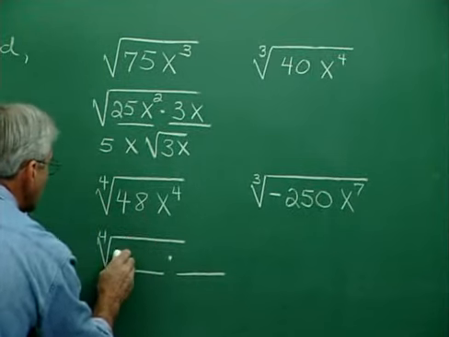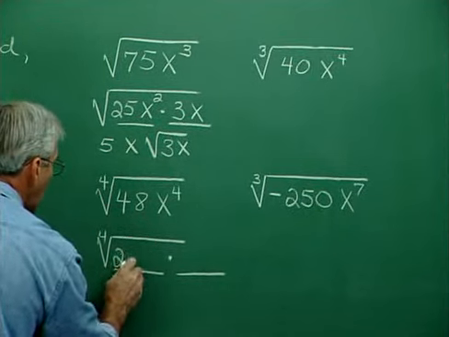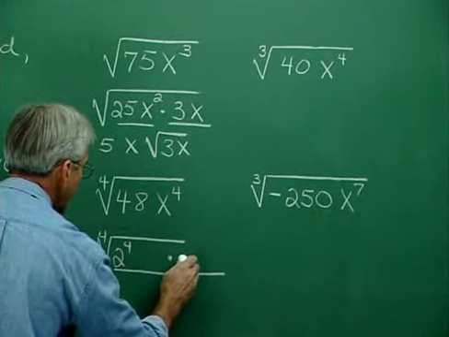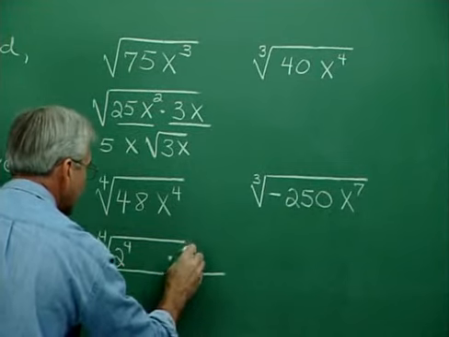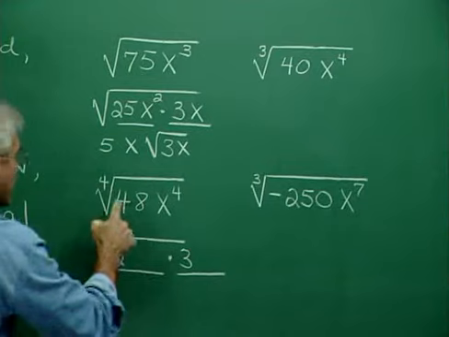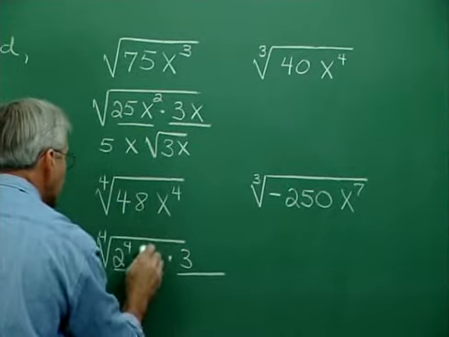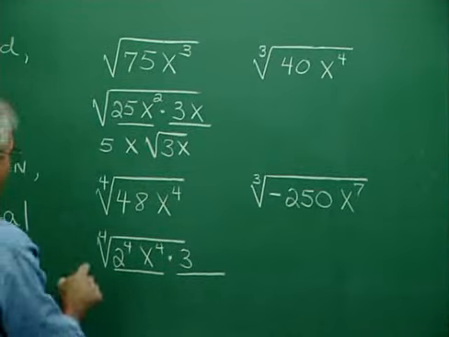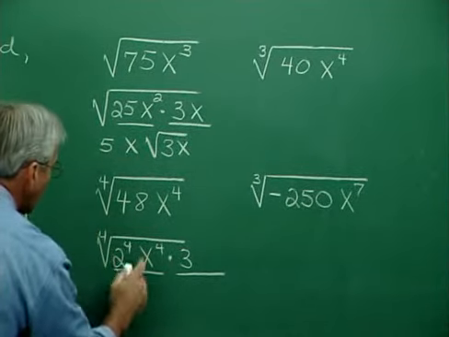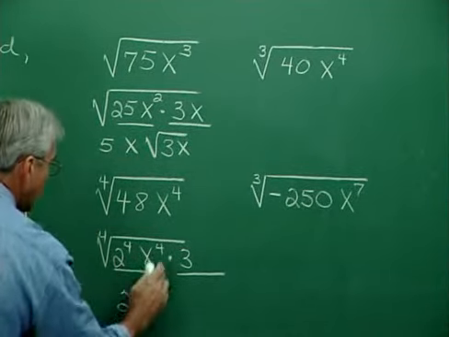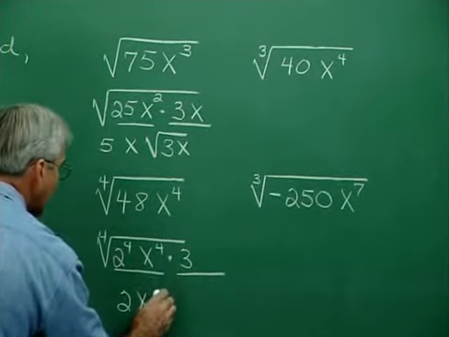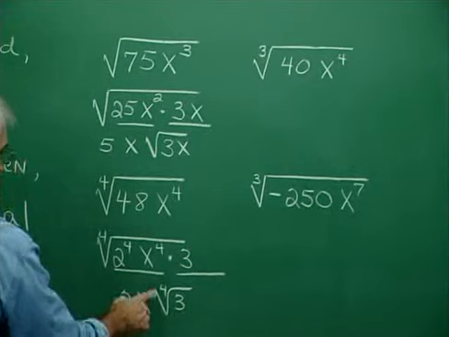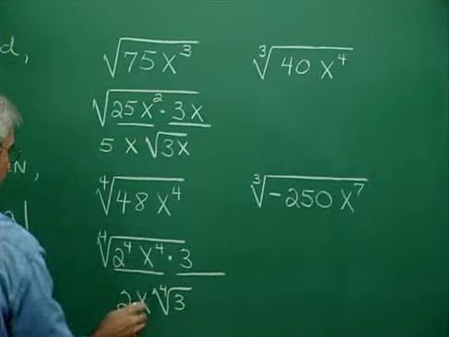Yes, so we have 16, which is 2 to the 4th power, times 3. And then x to the 4th, we can take the 4th root of x to the 4th. So now the 4th root of 2 to the 4th is 2. The 4th root of x to the 4th is x. And left under the radical is the 3. So we have 2x times the 4th root of 3.